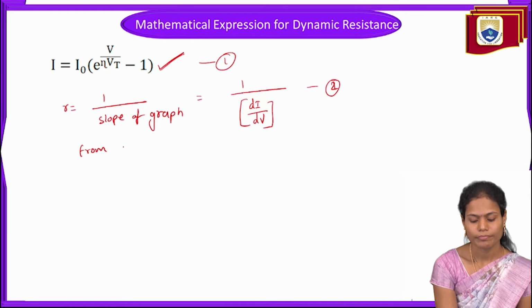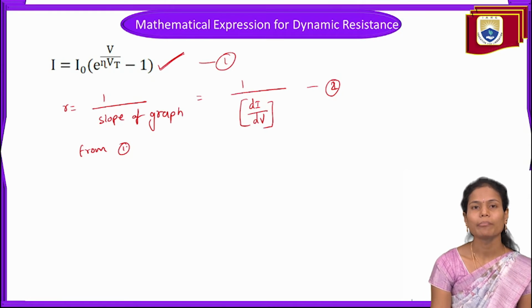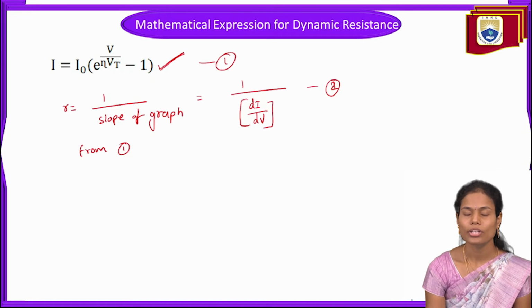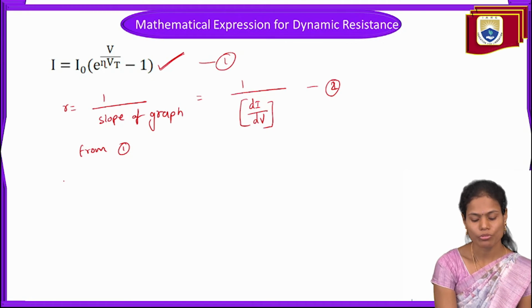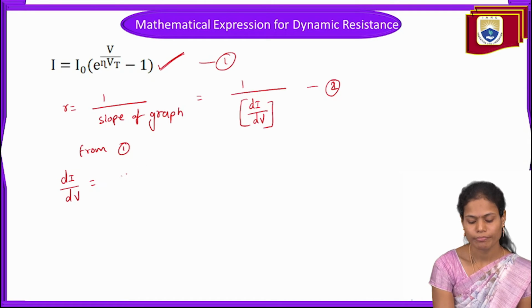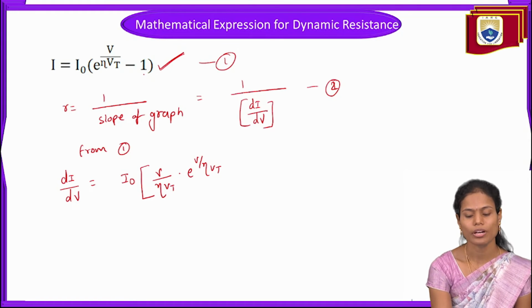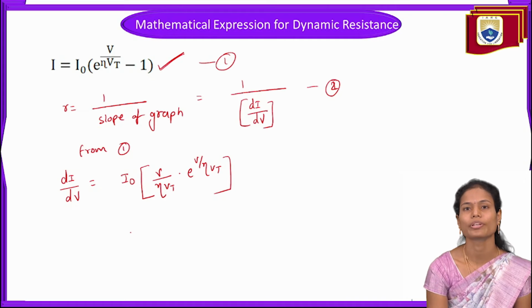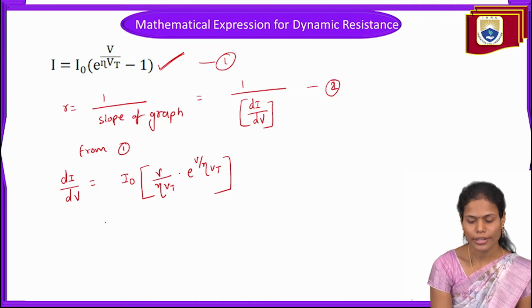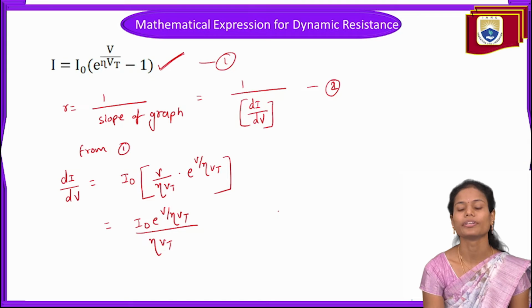From 1, I am differentiating this current equation I with respect to V. So I will get di by dv equal to I naught, the constant, taken outside, into 1 by eta Vt into e power V by eta Vt. The differentiation of the constant 1 is 0. So I can write it as I naught e power V by eta Vt divided by eta Vt.